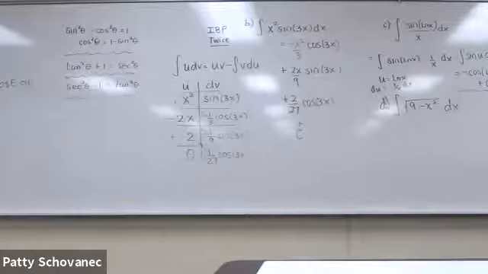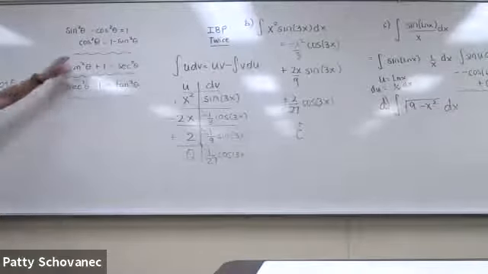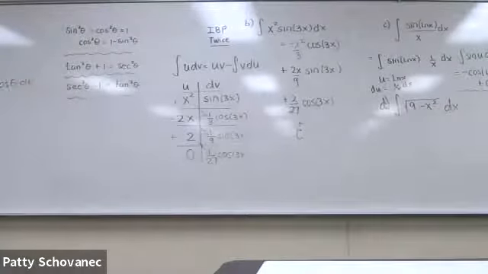You can factor out the 9 and have a 1 minus sine squared under the radical. And then 1 minus sine squared can be replaced by cosine squared. So that's what's under the radical.